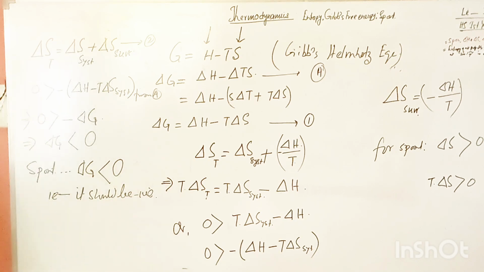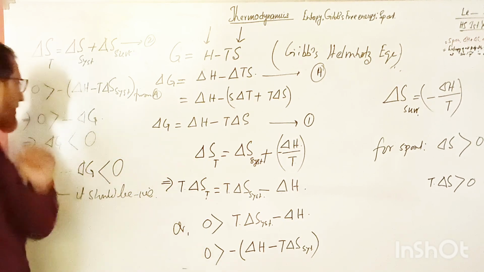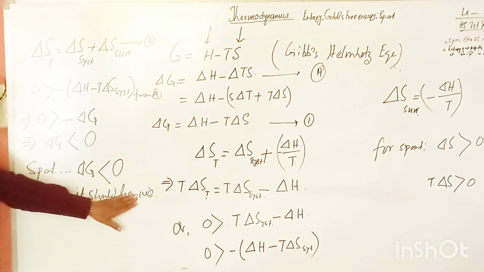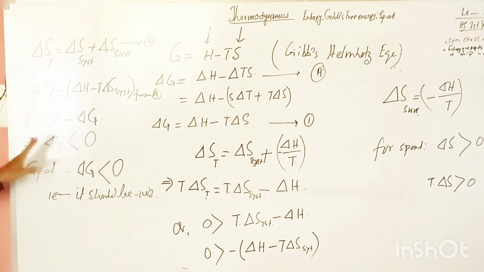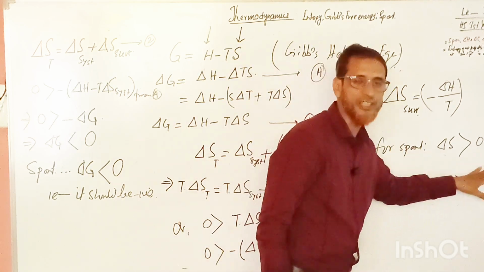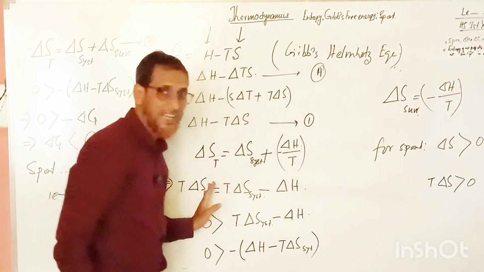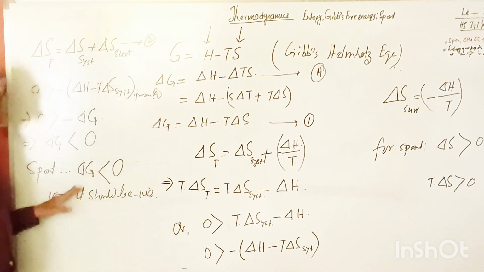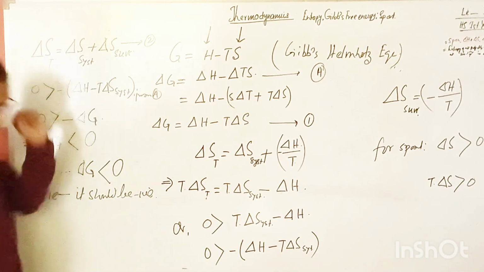For del G negative, the system is spontaneous. So from this, what we see is that del G is less than 0. For a process to be spontaneous, del G must be less than 0, meaning del G should be negative.